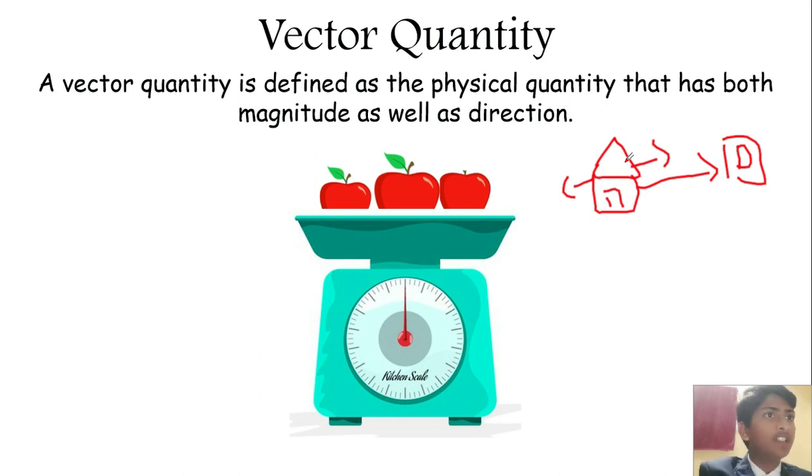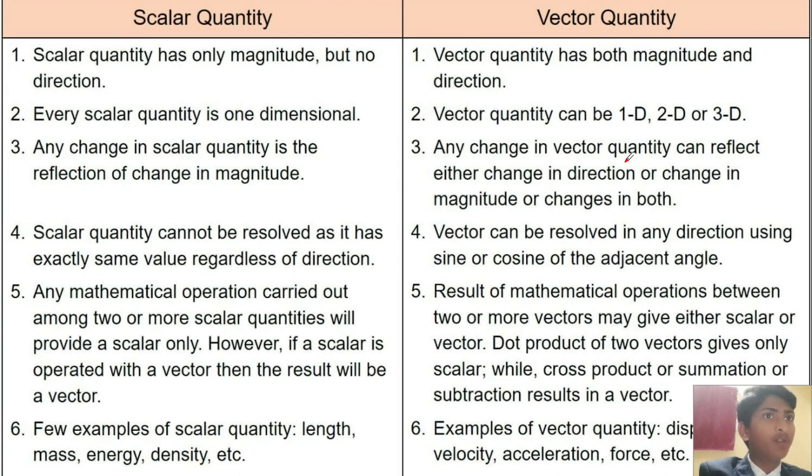Next, let's see some differences between vector and scalar quantity. Scalar quantity has just magnitude but no direction, and vector quantity has both magnitude and direction. Every scalar quantity is one dimensional, and vector quantity can be one dimensional, two dimensional, or three dimensional. Next, any change in a scalar quantity is a reflection of a change in magnitude.